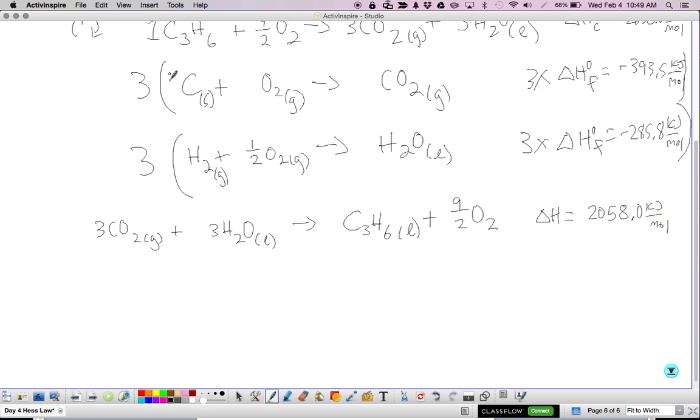And then the second one is 3 carbon plus 3 oxygens yields 3 CO2s. Delta H for this is going to be 3 times negative 393.5 kilojoules per mole.